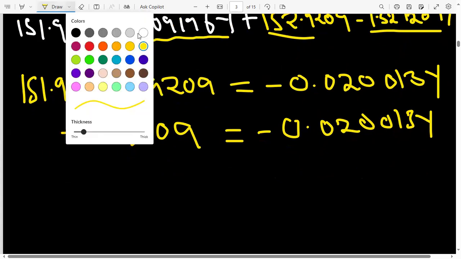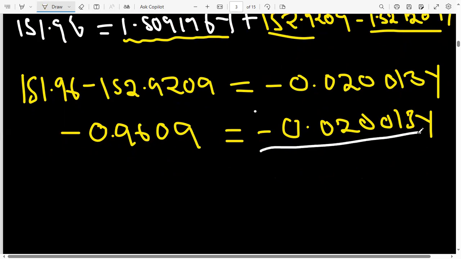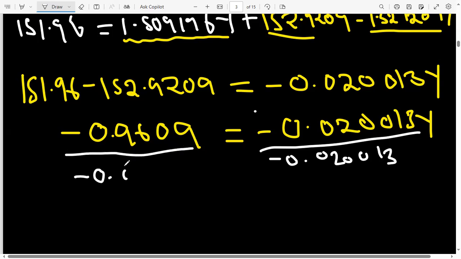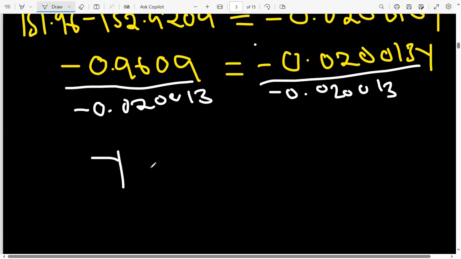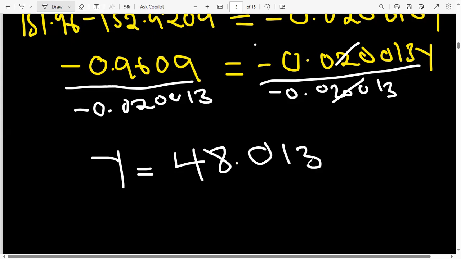So let's divide and see what we're going to get as our value of Y. We divide this side by this same negative 0.020013, and on the other side we divide by the same negative 0.020013. So Y is going to be equal to 0.9609 divided by 0.020013. When I divide that, I get 48.01379.